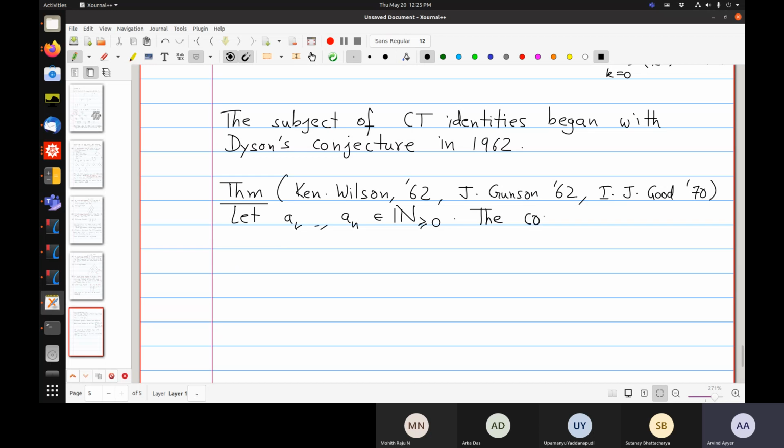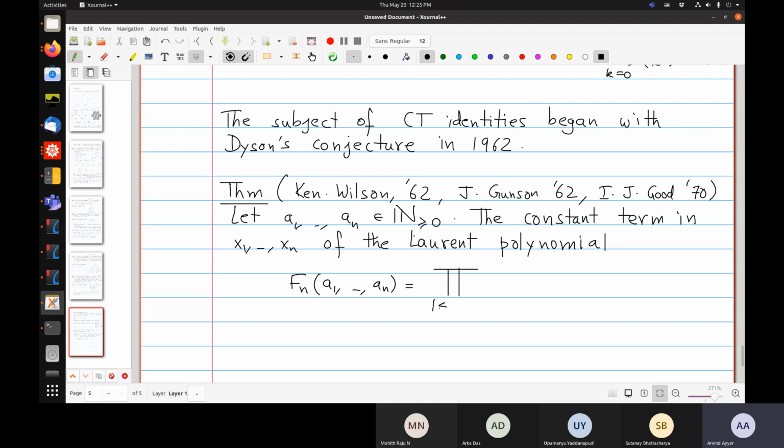Then the constant term in x1 up to xn of the Laurent polynomial fn of a1 up to an, which is the following: product over 1 less than or equal to i, j less than or equal to n, but i not equal to j, of 1 minus xj by xi raised to the aj.